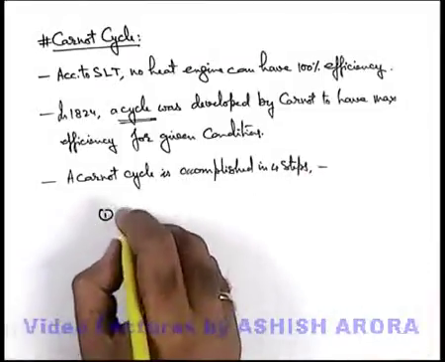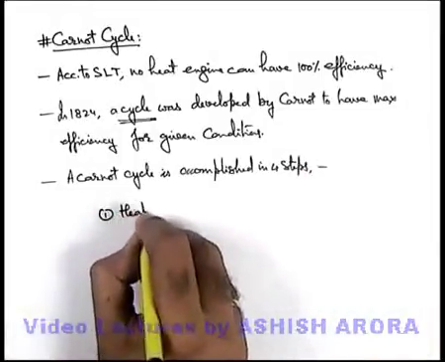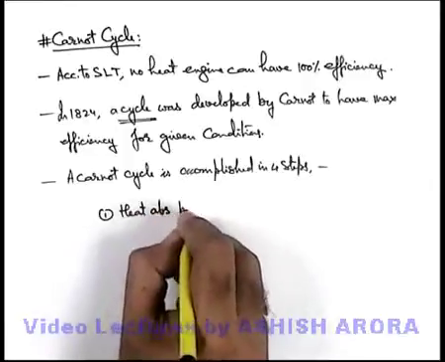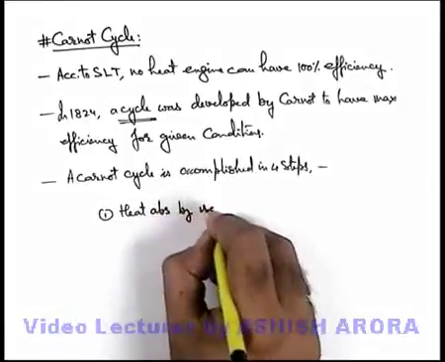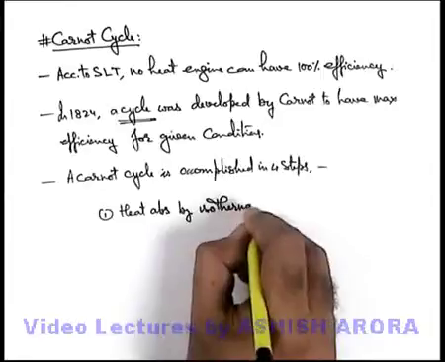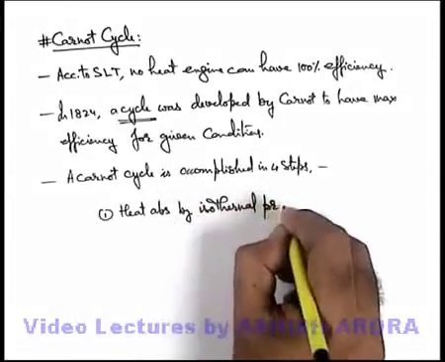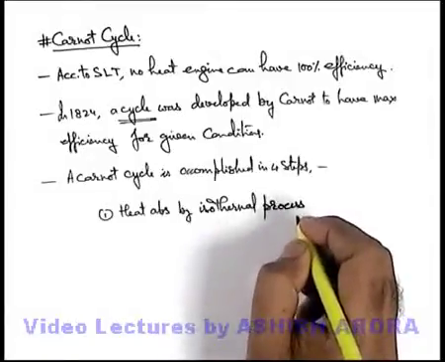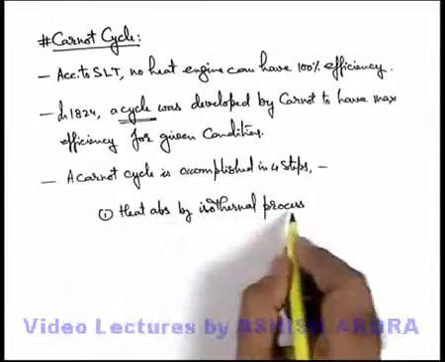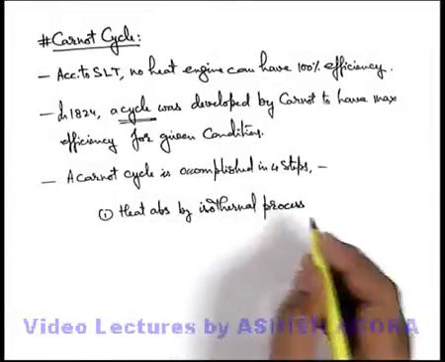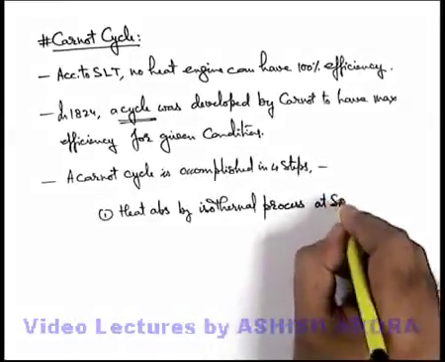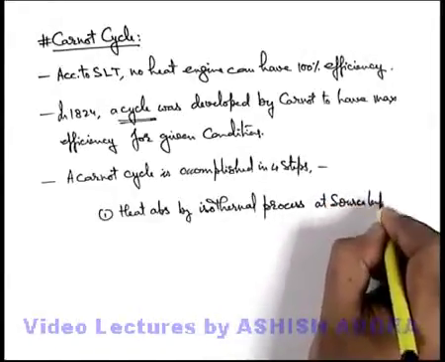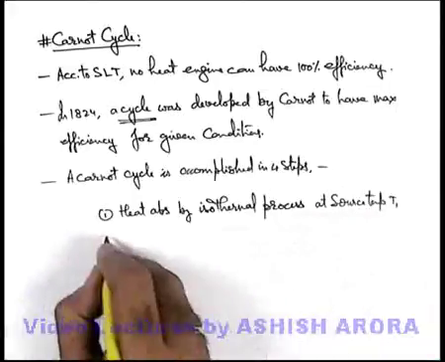The first one is heat absorption by isothermal process. First, we need to write down all the steps and then we'll understand it one by one. Heat is absorbed by isothermal process at source temperature, which we can write as T1.